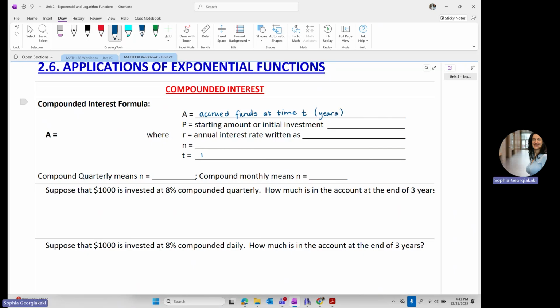So t is the time in years. Will equal to P times 1 plus R divided by N raised to the quantity NT. P is the starting amount of the investment called the principal.